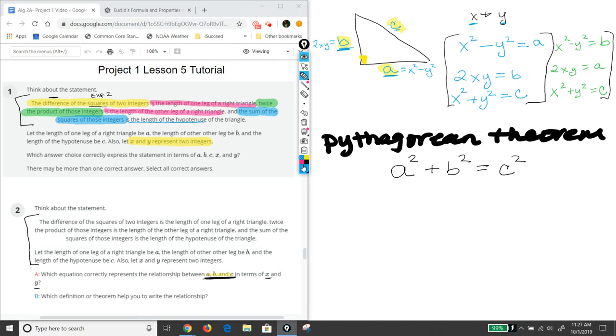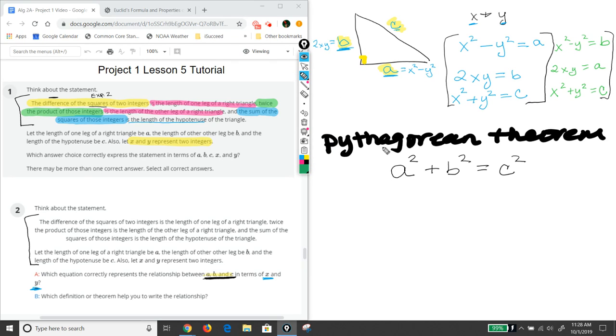So now I want to follow up, but I want to replace A, B, and C with my X and Y relationships. So how am I going to do that? Well, luckily, we already have all of these relationships that relate A to our variables X and Y. So that's pretty handy already. We've already done a lot of that work.